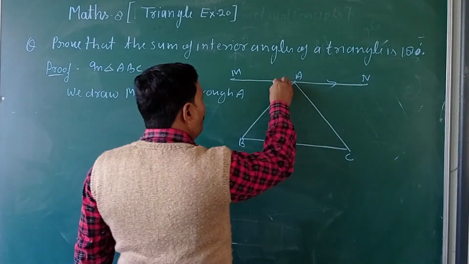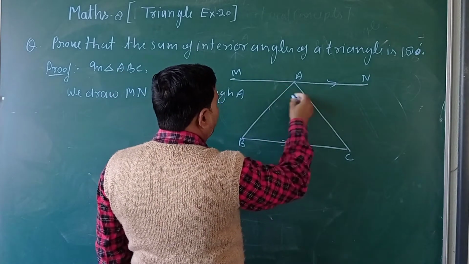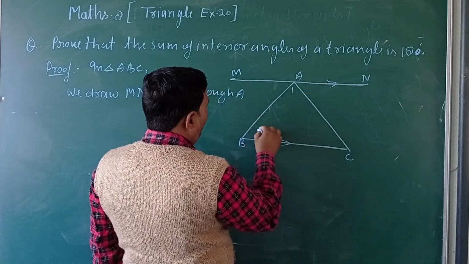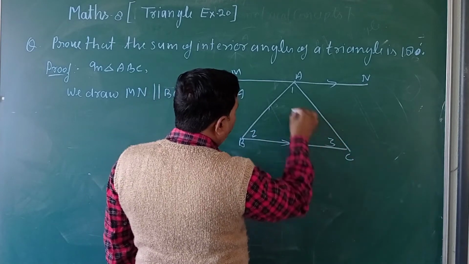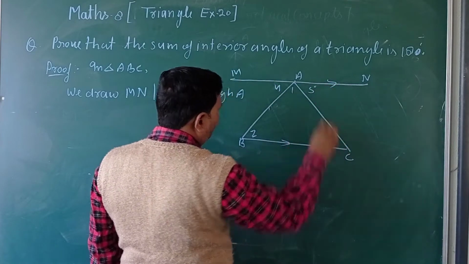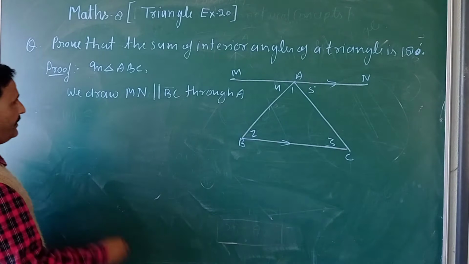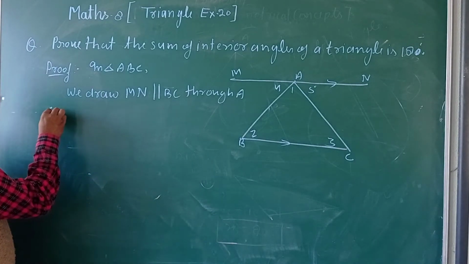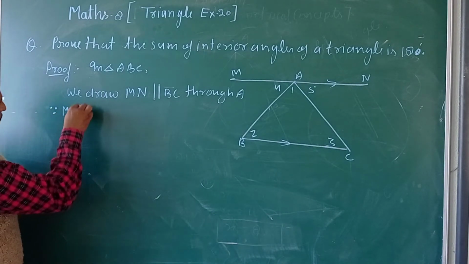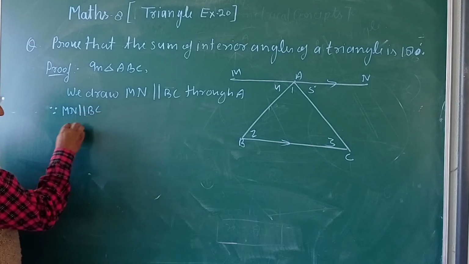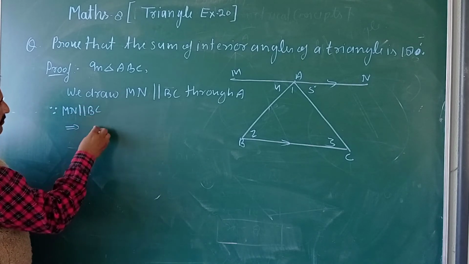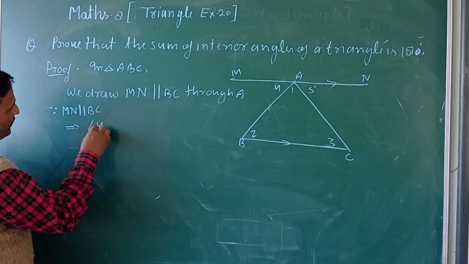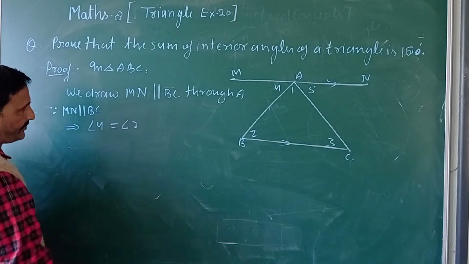Now consider angle 1. This is angle 1, angle 2, angle 3, this is angle 4, angle 5. See that since MN is parallel to BC, this implies that angle 4 is equal to angle 2.